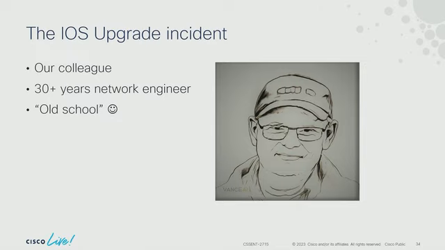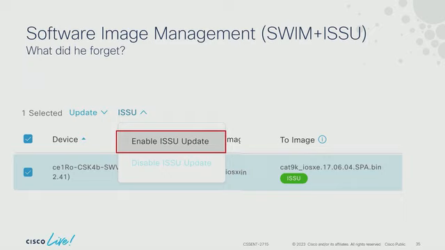So what did he forget? In DNA Center, you just click on this button here, and then it will do it sequentially. So then you get this big green button, ISSU. I made a recorded video and told him, but he didn't find it.